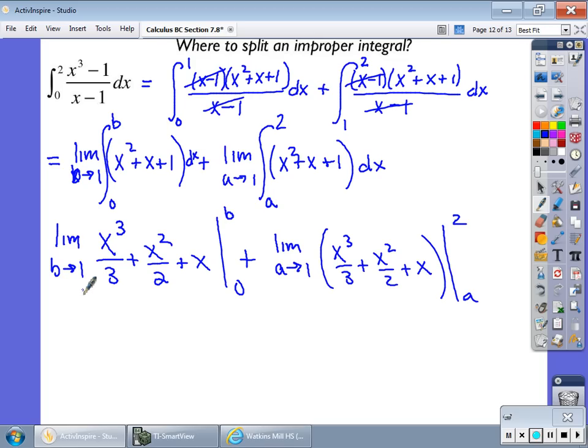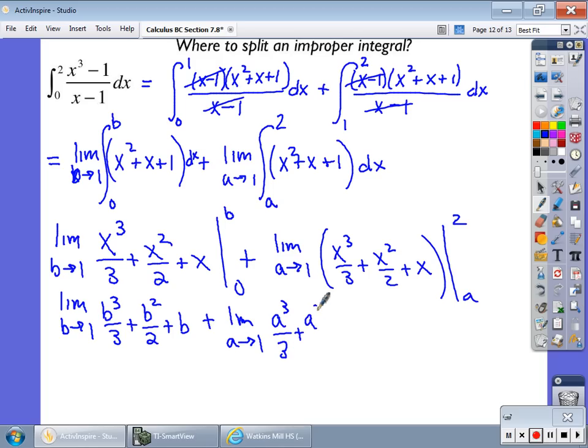So here, substituting my b's, b cubed over 3 plus b squared over 2 plus b, minus zeros, plus the limit as a approaches 1, a cubed over 3 plus a squared over 2.